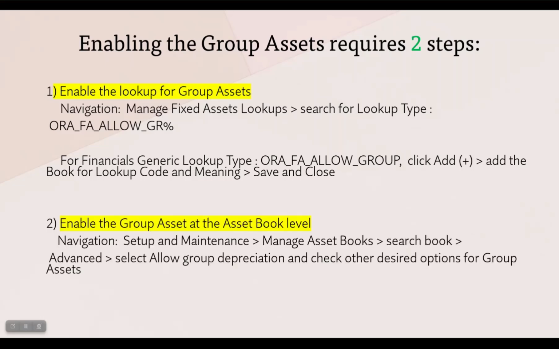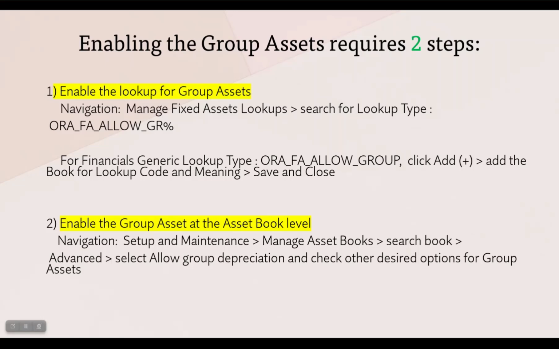The second step is to enable group assets at the asset book level. For example, if I have 3 books, 4 books, whatever, and you need to enable group assets, this is done by book. Maybe I enabled it for 1 book, for 2 books, whatever. So you also have to set this up at the book level.